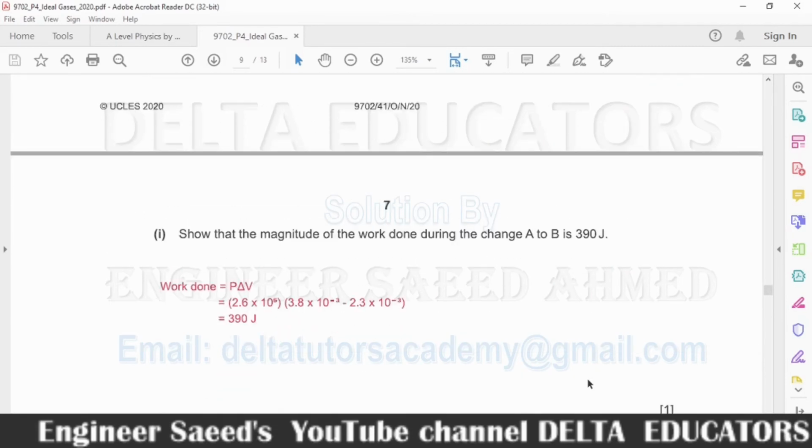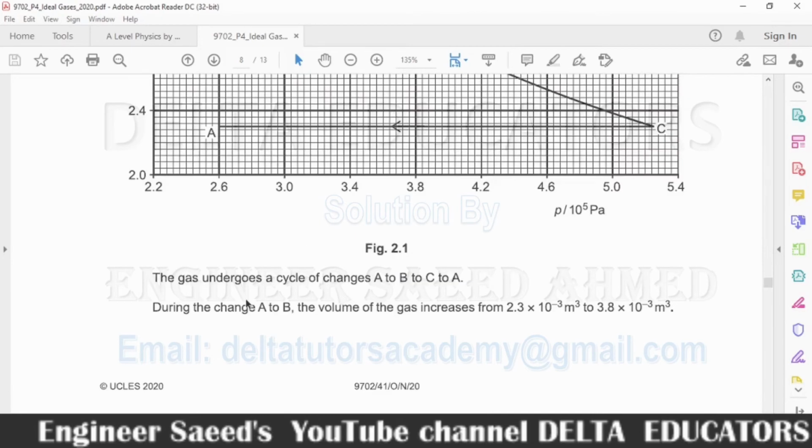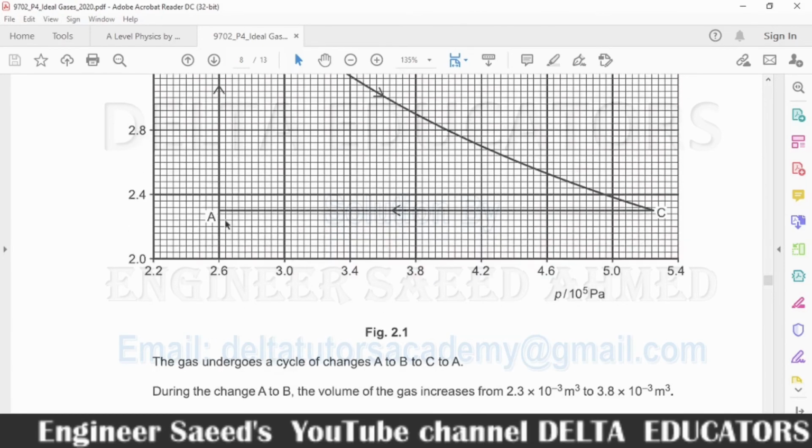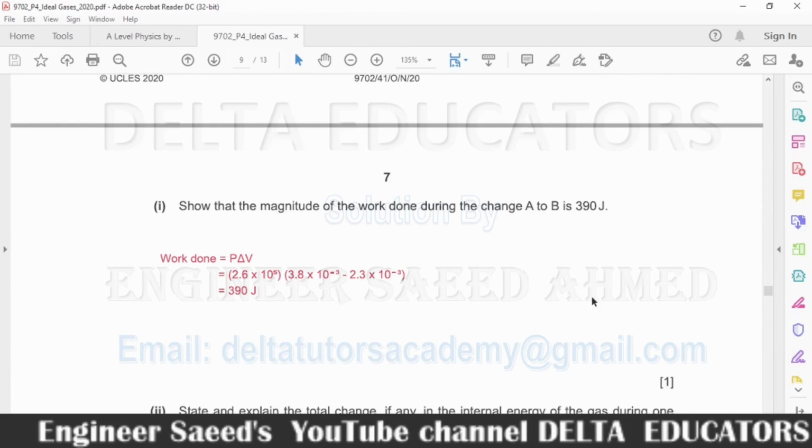Show that the magnitude of the work done during the change A to B is 390 joules. Work done is given as product of pressure and change in volume, so work done will be equal to P delta V. Now here pressure is given, it is 2.6 into 10 power 5 Pascal. Now what about change in volume?